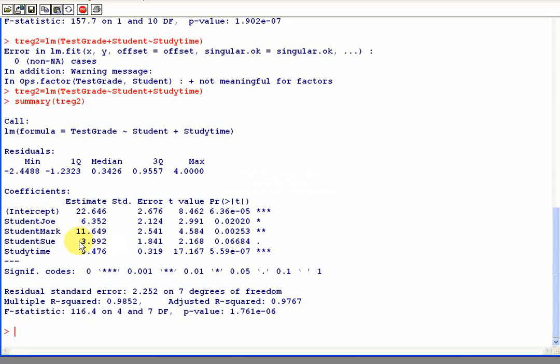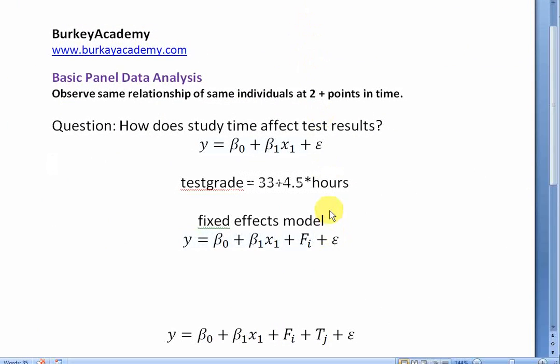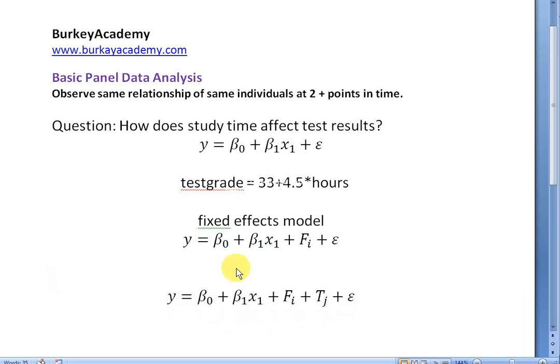That's called a model with individual fixed effects, individual observations fixed effects. Another kind of model adds time period fixed effects. So this is called the fixed effects model, but it's individual specific fixed effects. Let me type that in.